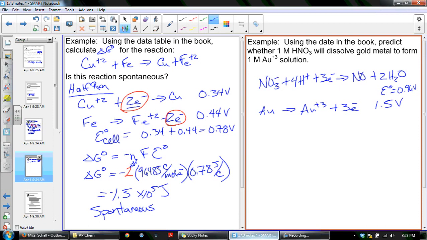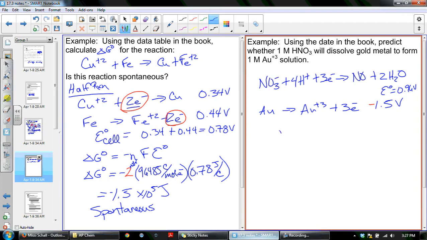But because we reverse the reaction to make it oxidation instead of reduction, we need to add a negative sign in front of it. So again, take the time to go back to that page. Let me just check what page it's on again. Page 796. Take your time, go back to page 796 to prove that these two reactions make sense and that when you add them together, you would get HNO3 dissolving Au to get Au+3.